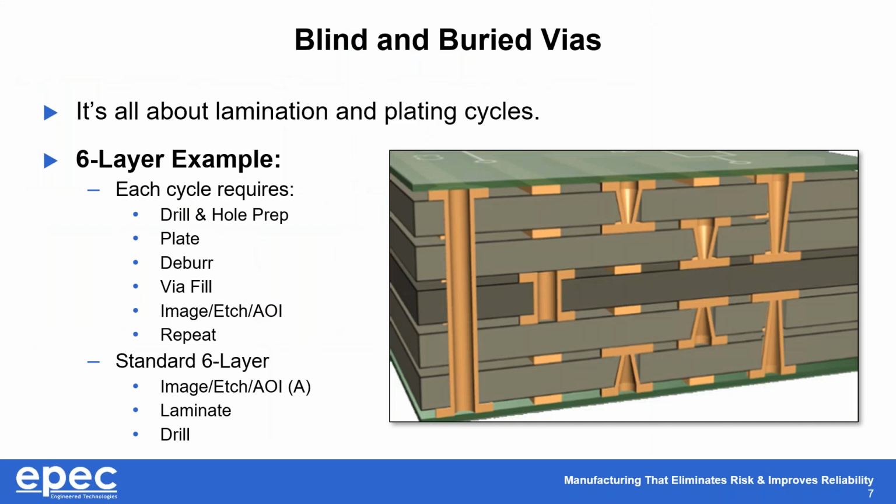One of the things to keep in mind when you're talking about blind and buried vias is that they're not all the same, right? Because for this particular part, you're going to actually go through 3 different lamination cycles, where a standard 6-layer you go through 1. But depending upon how you build this, a lot of times there's a lot of tricks that you can do.